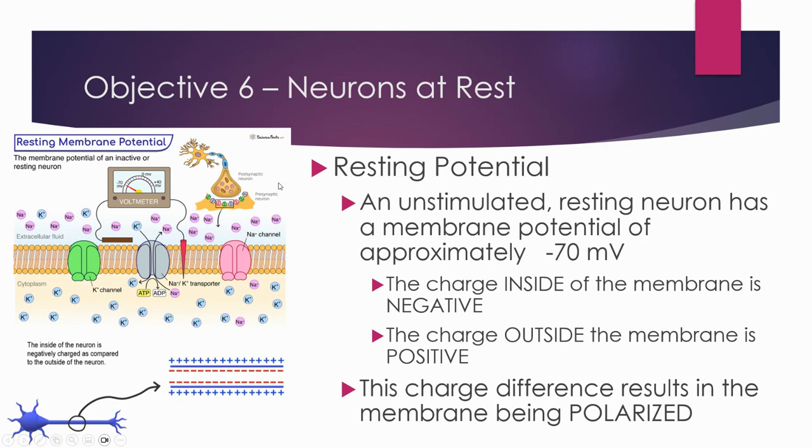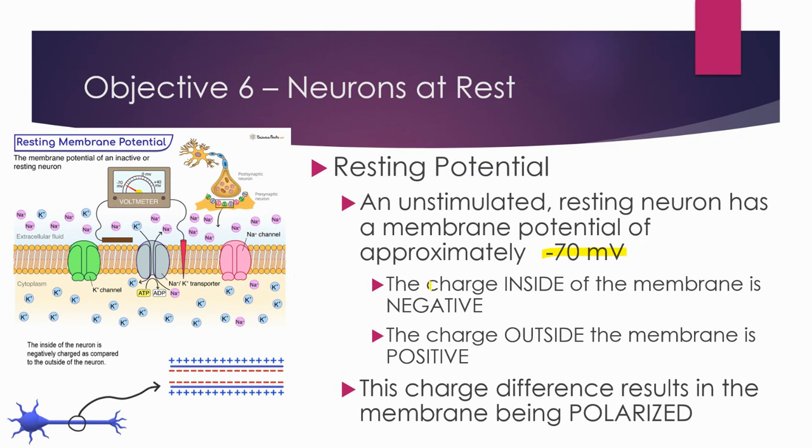But remember that our membrane potential is just that charge difference across the membrane. And so at rest, when we have a neuron that's not really doing anything, there's no electrical impulses going through it at the moment. It's unstimulated. Remember that a resting neuron has a membrane potential of about negative 70 millivolts.